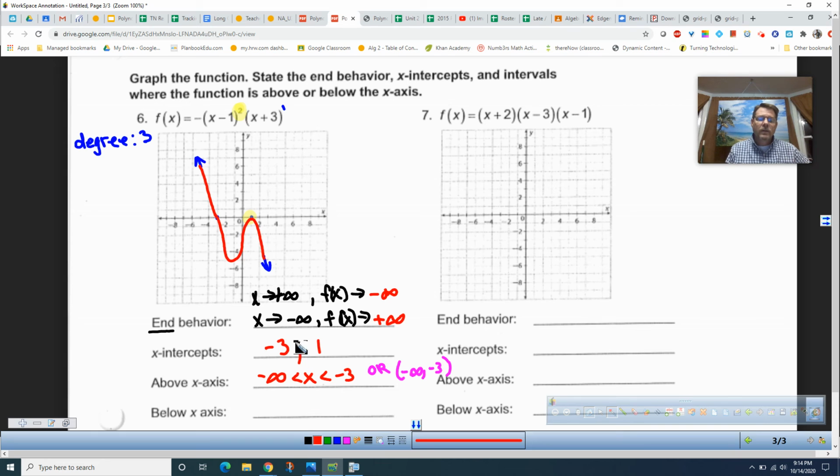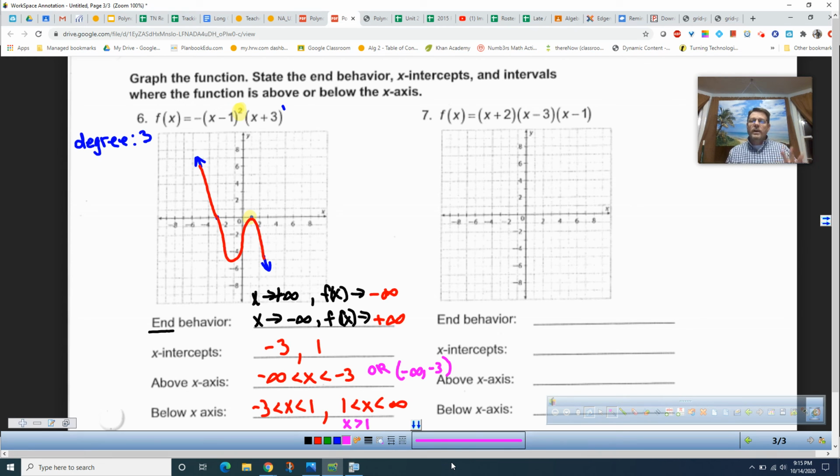You're going to say from -3 less than x less than 1. And then you're also going to have to say from 1 to positive infinity. Or for this one, you could say x is greater than 1. That's another way you could say that.